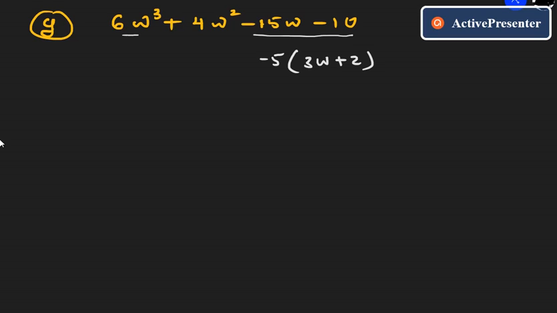Now if we group these two together and take the greatest common factor as 2w squared, we would be left with 3w plus 2. Okay, so our first case is correct. So let's group in this criteria.